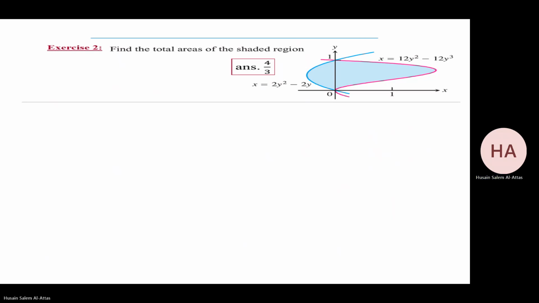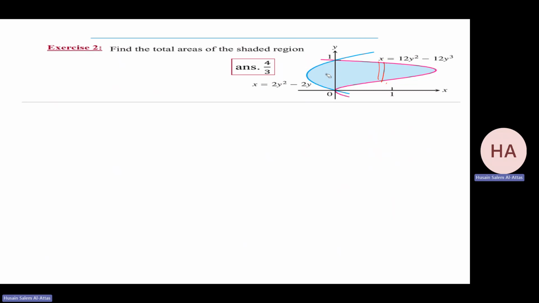Okay, I need to be careful here. If we make it in terms of x, we'll be in trouble, because here I need to deal with one thing, and here I need to deal with something else.